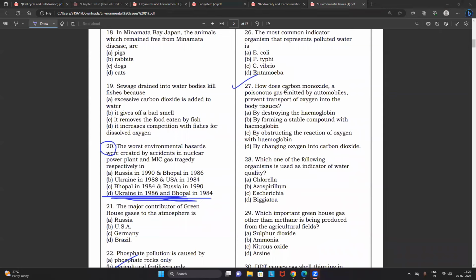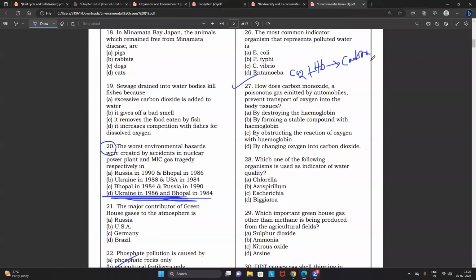How does carbon monoxide, a poisonous gas emitted by automobiles, prevent transport of oxygen into the body tissues? It's a simple question. Everyone has given the answer already. Very good. So what happens, friends? The carbon monoxide coming from those automobiles combines with the hemoglobin. Then what does it form?